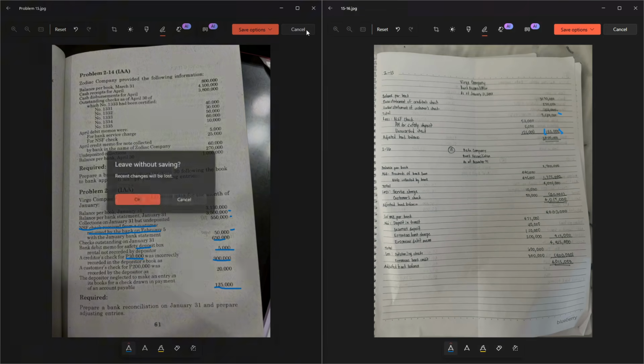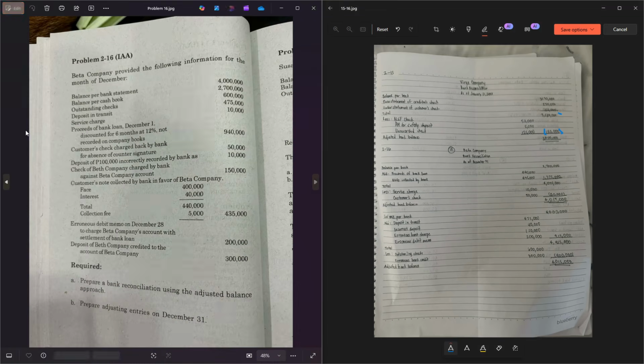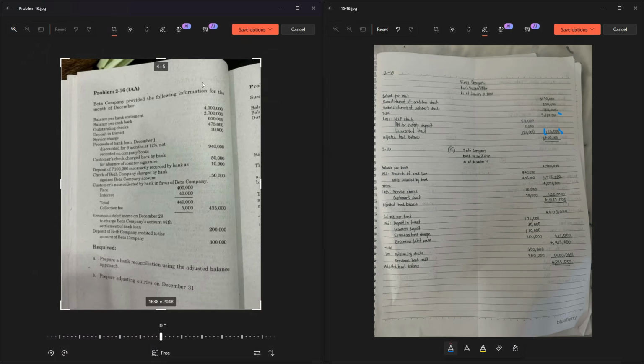And now for the next question or problem, 2-16, Beta Company Bank Reconciliation as of December 31. So, the balance per book is 2,700,000. So, it's stated here.